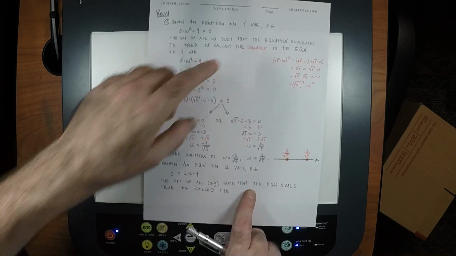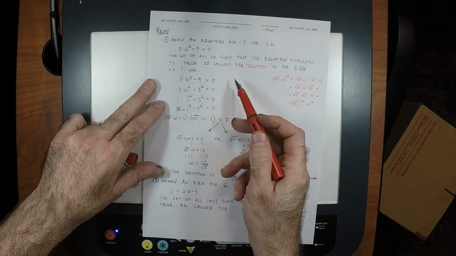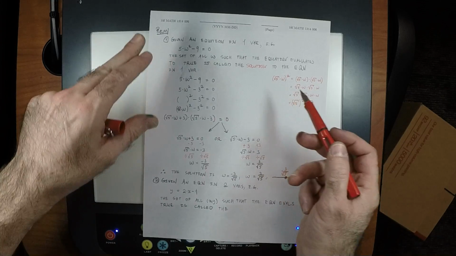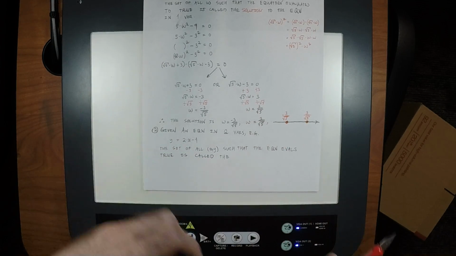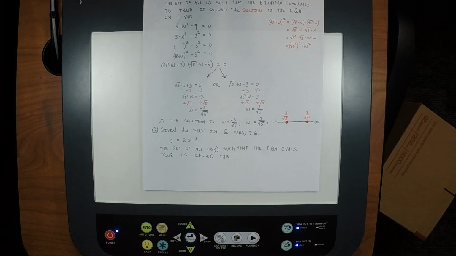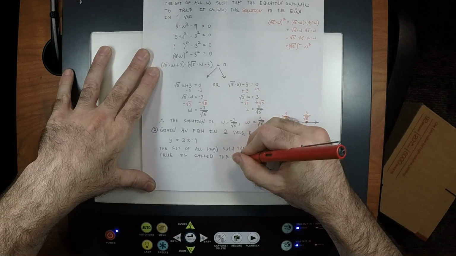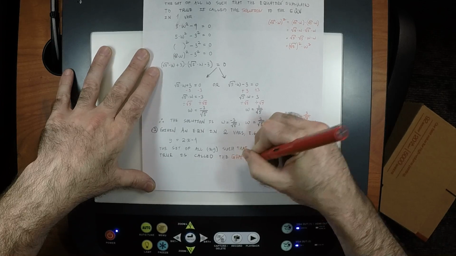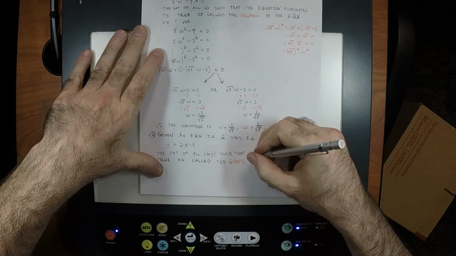But it's not. So when you're dealing with equations that have just one variable, then this set, the set of all inputs which cause it to be true, is called solution. But when you're dealing with an equation of more than 1 variable, the set of all inputs which cause it to be true is called the graph of the equation.